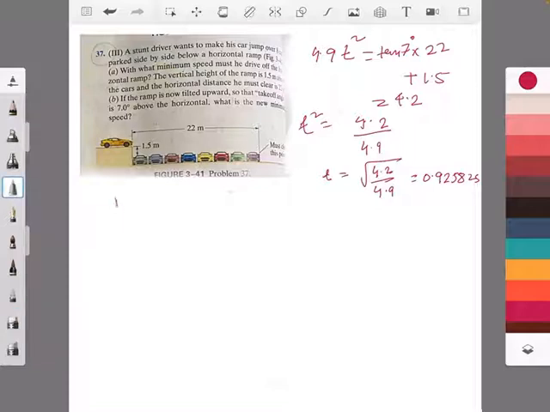So v cos 7 degrees is 22 meters divided by t, because Vx0 t is nothing but delta x. We already know this. So this equation comes from there.